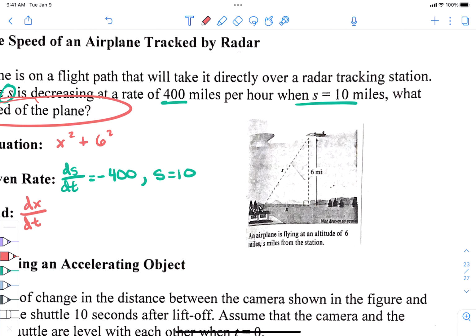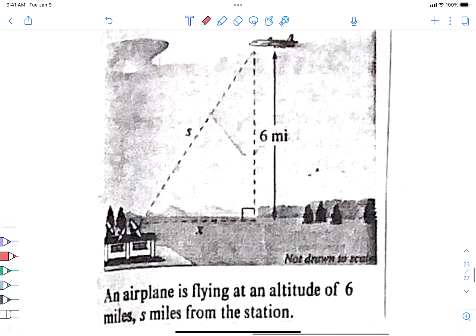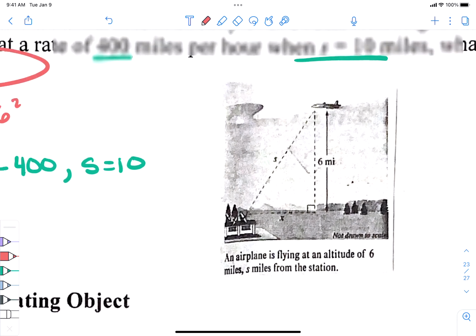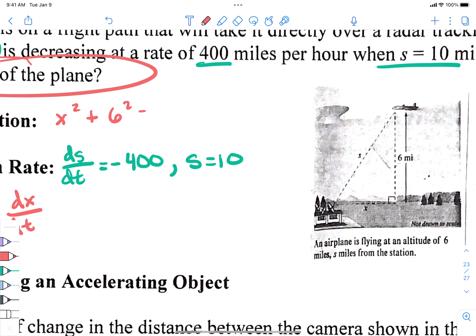We don't have to represent that as a variable because it's not changing ever, right? That 6 is remaining 6 miles in the air as we're going along. The plane is not decreasing altitude. Equals s squared, okay? So we're doing the Pythagorean theorem, which is kind of like the distance formula, I guess. And we have that equation going on here. I'm going to change this to be 36 instead of 6 squared. So if you want to do that also, doesn't matter.